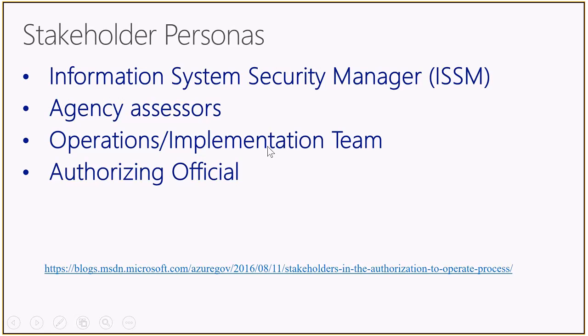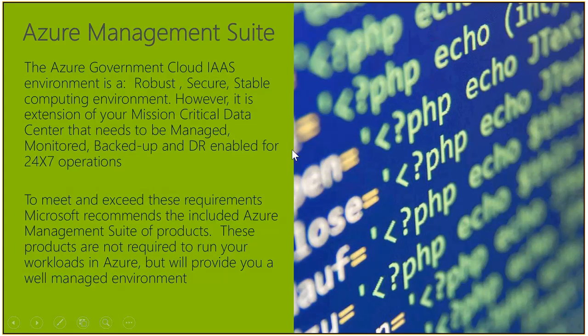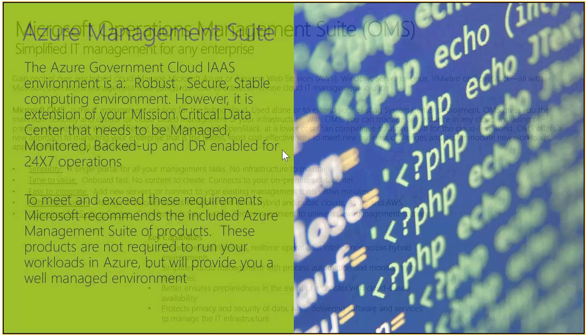Operation Management Suite is a huge capability that we've invested a lot of time and effort in. System Center is what we started with as a company, and that's evolved into Operation Management Suite. This talks about the capabilities of OMS and why we recommend it out of the gate with the Azure Foundation.